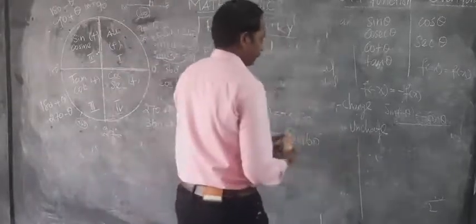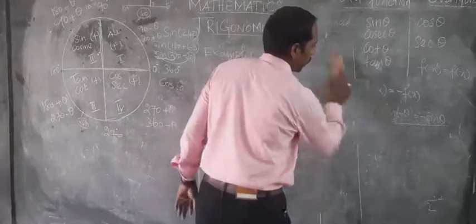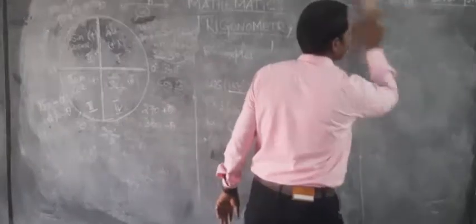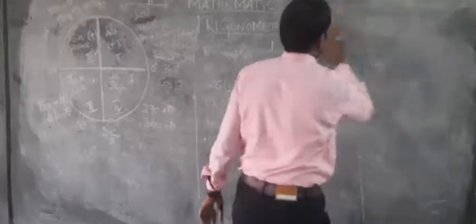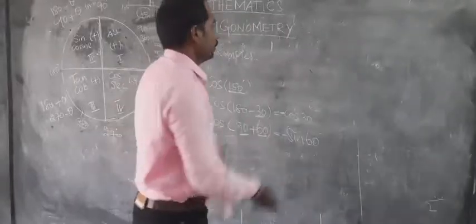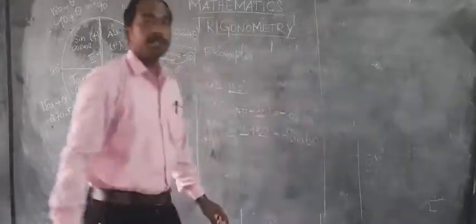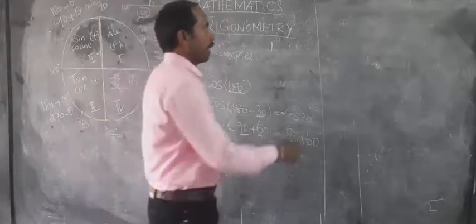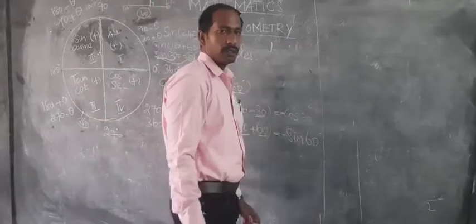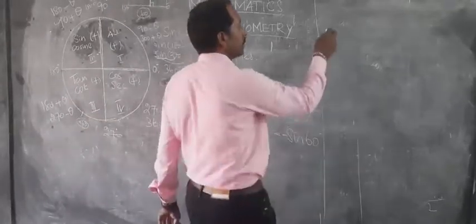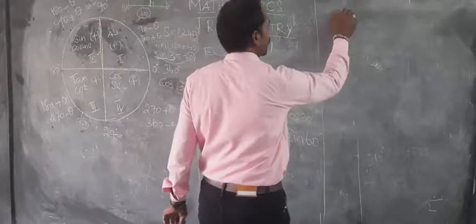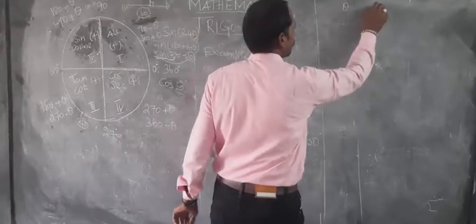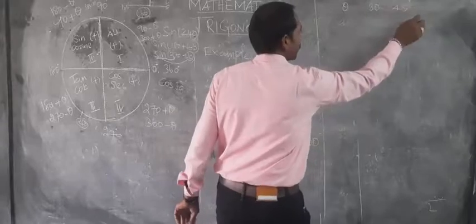In the lower level, you might have studied the table values, but suppose you don't know, I will teach once again. For example, theta: 0 degree, 30 degree, 45 degree, 60 degree, 90 degree.